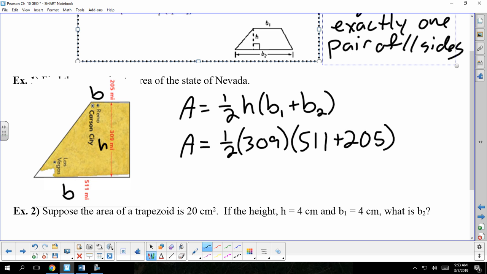Remember to use your order of operations, right? Do the parentheses first. And if you're typing this into a calculator for 1/2, you can always substitute 0.5 in there for that. And remember, our final answer is going to be in whatever our units are squared. So whenever we're finding area, we're finding units squared.